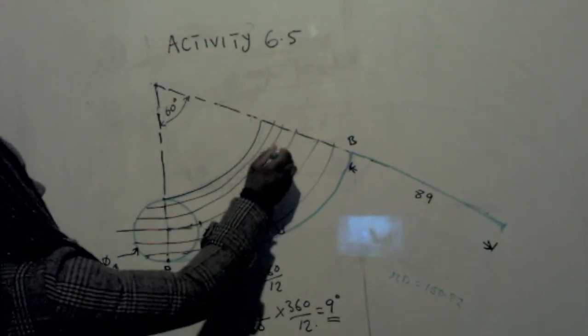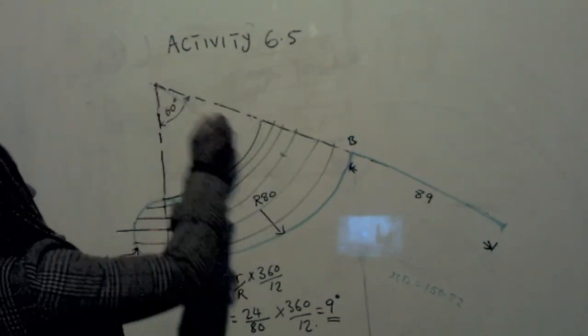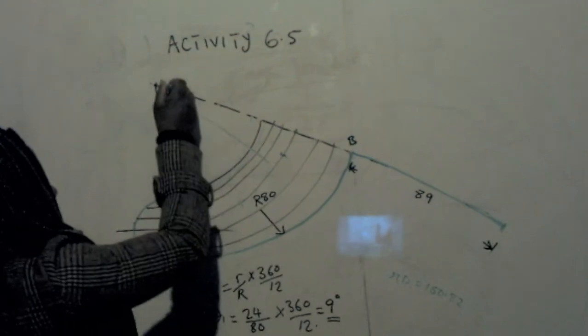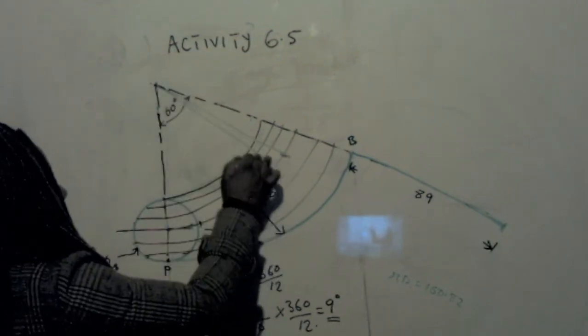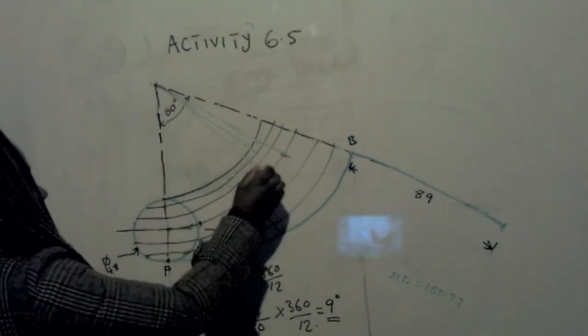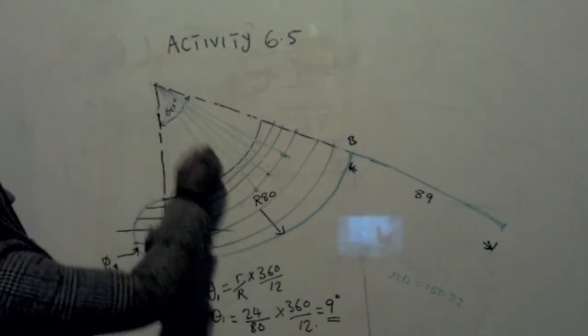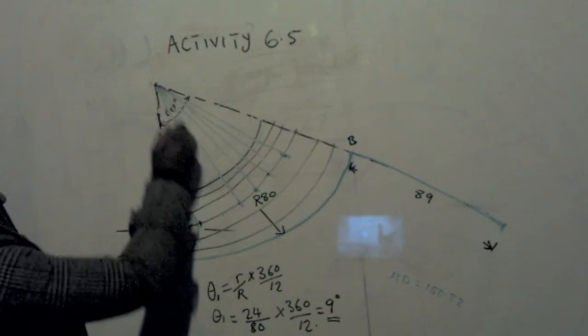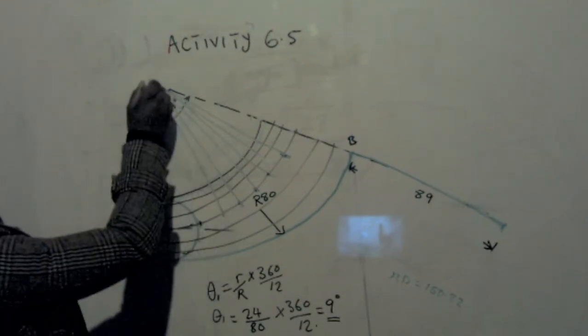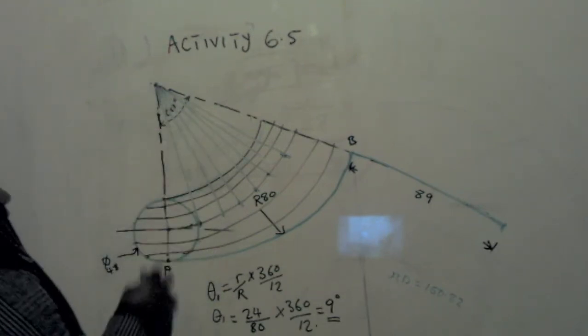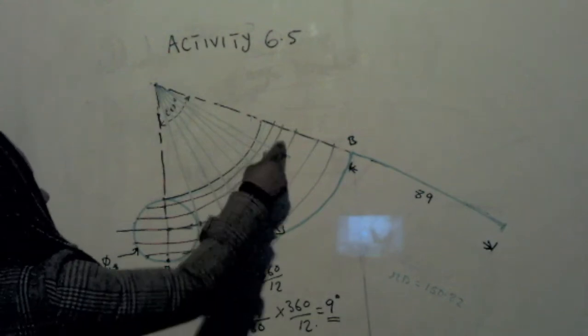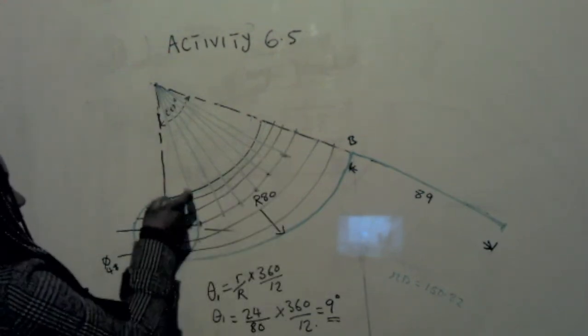That one should be going there. This one must be coming here. Then this one, and that one. Alright, so 1, 2, 3, 4, 5, 6, 7 divisions. That is 9 degrees each.